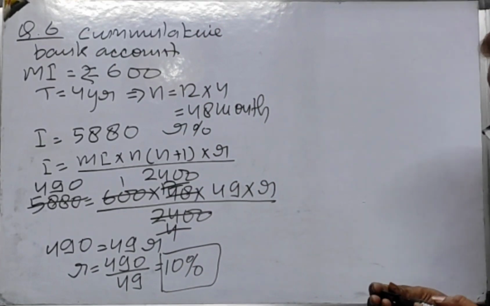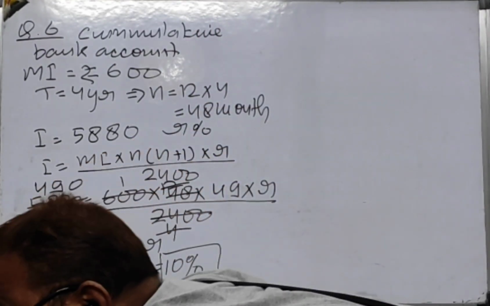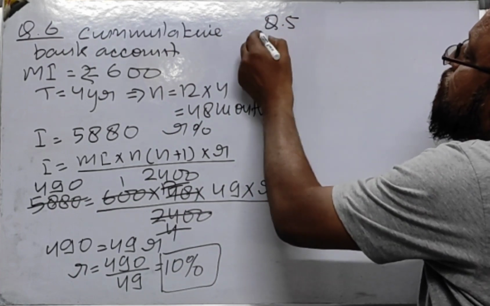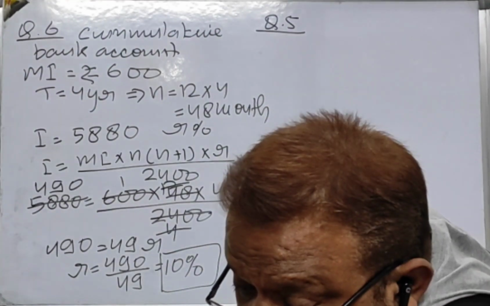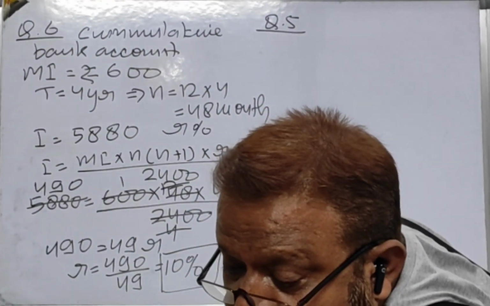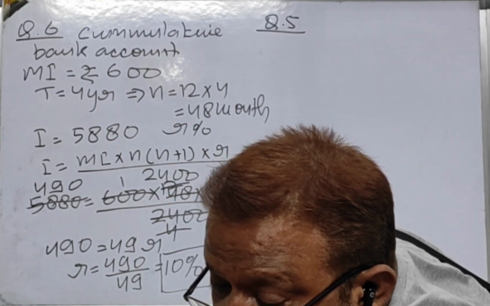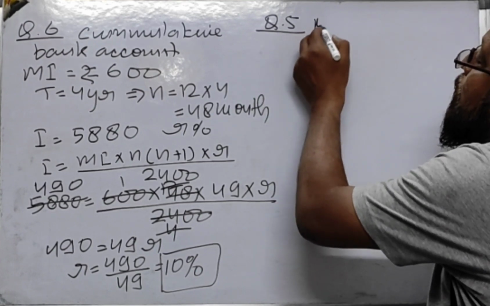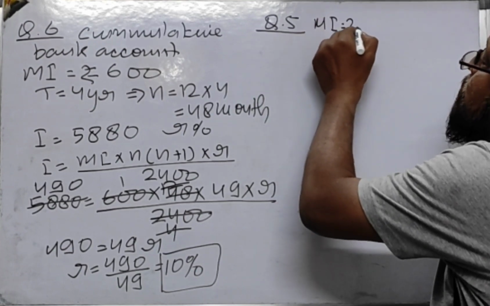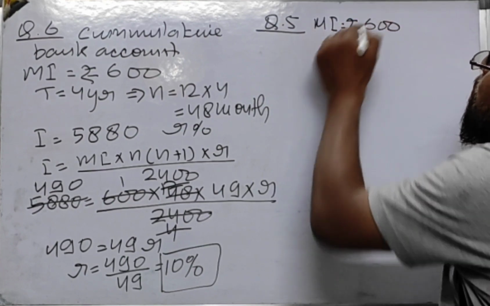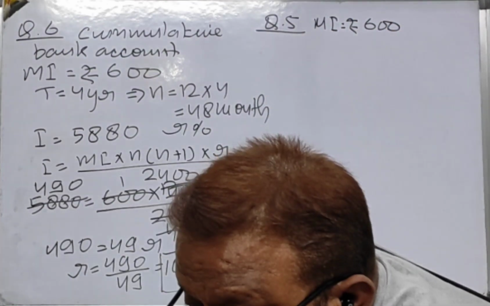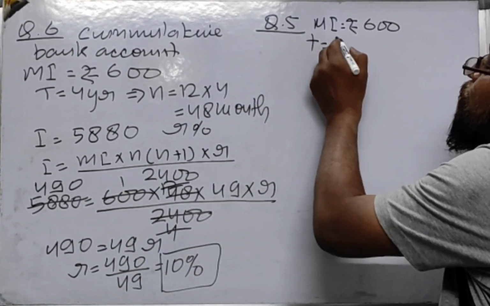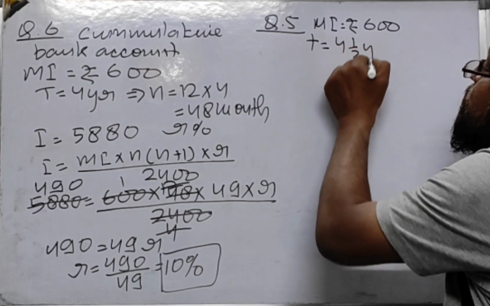Now come to question number 5. Joseph deposited rupees 600 per month in the fixed deposit account. So MI is rupees 600, and in the post office the time is 4 whole 1 upon 2 years.